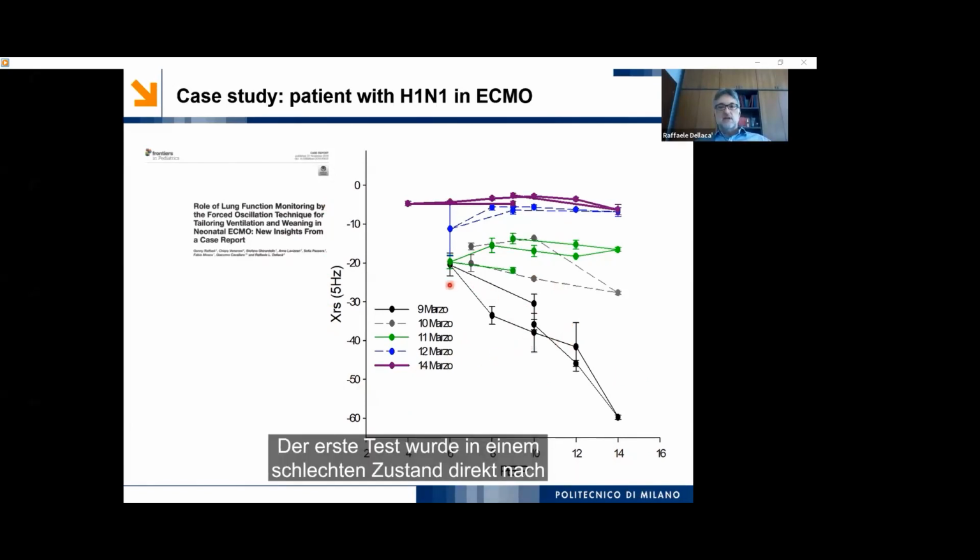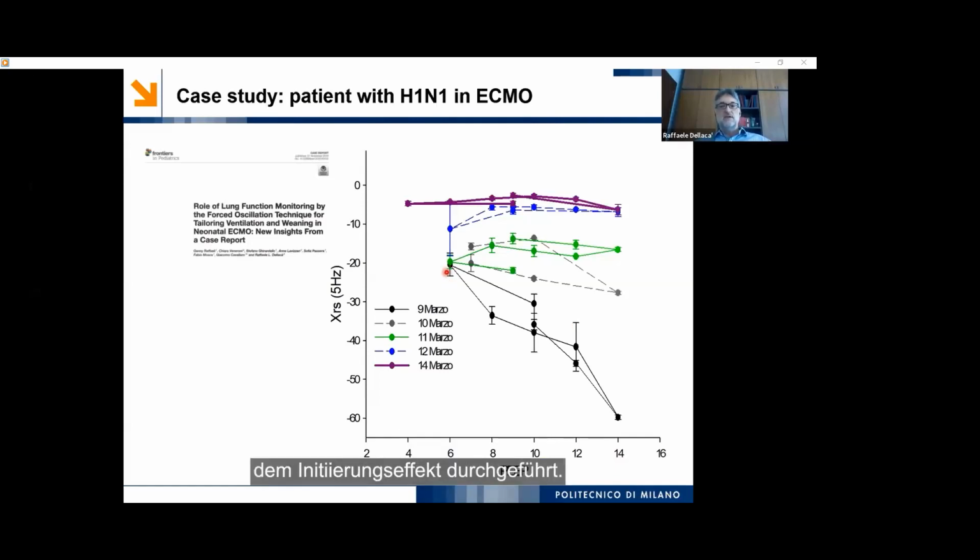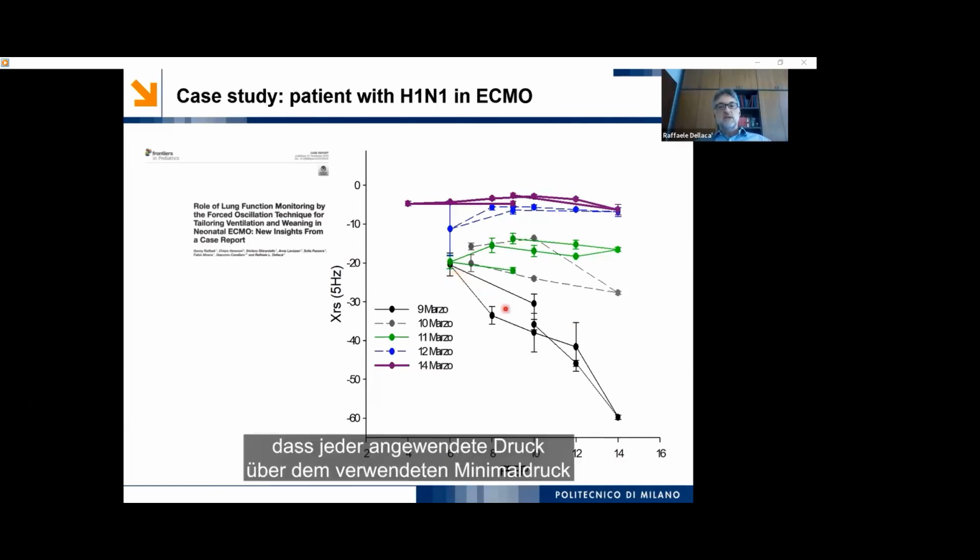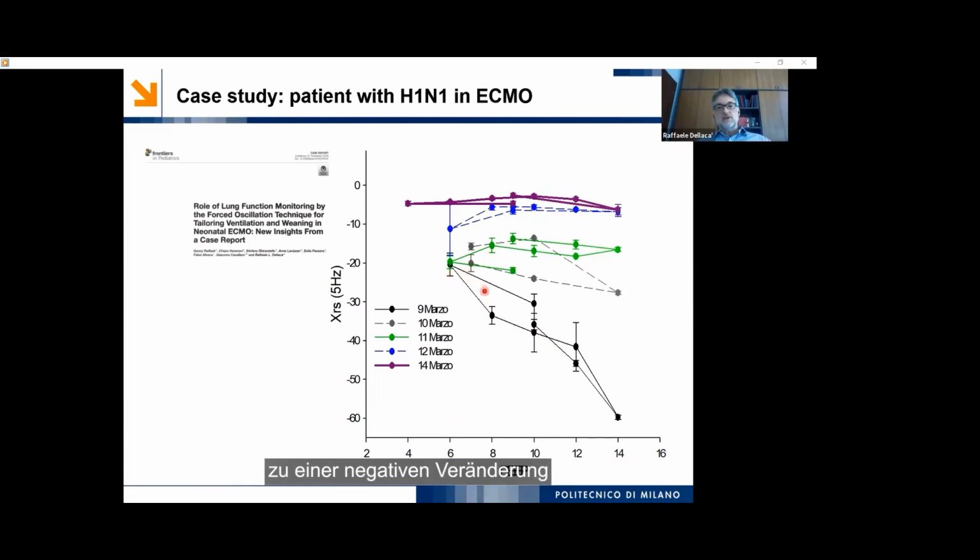The first test was done in severe acute condition just after initiation of ECMO, and as you can see, the tracings were showing that whichever pressure was applied over the minimum pressure that we were using of 6 centimeters of water was resulting in a negative change of reactance.